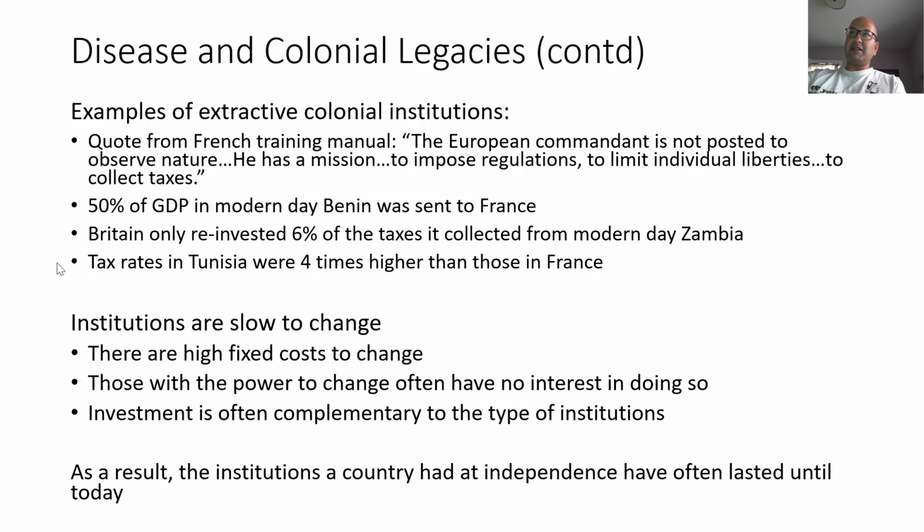Basically, you are giving different rules of the game to different people. And if you were to reform that and you were to give everybody the exact same taxes, well, you might lose that foreign investment. Or, for example, if you let a foreign investor violate any kind of pollution regulations you have in a country because you want that money, if you were to, again, treat everybody the same, you might lose that foreign investment. And a lot of countries are really hesitant to do so. So, the upshot of all of this is that oftentimes the institutions that a country had at independence are still the institutions they have today. Not every case, but we do observe a lot of this.